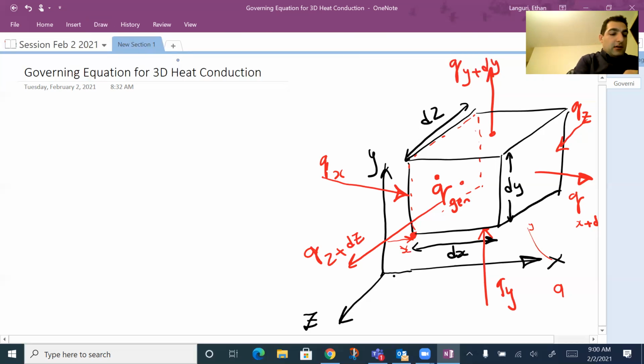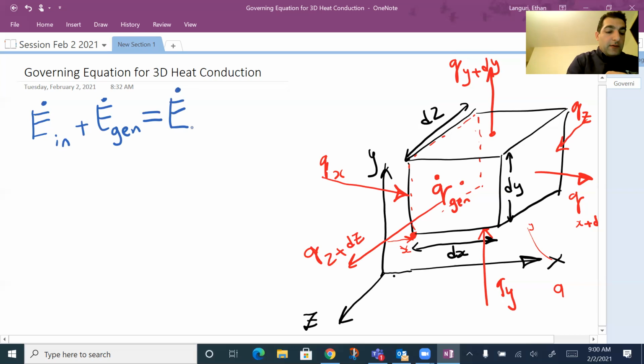So we can say, in simple analogy, total energy coming into my control volume plus the rate of energy generated inside my control volume should be equal to the portion of energy leaving my control volume, and the remaining is the portion that is stored in my control volume.